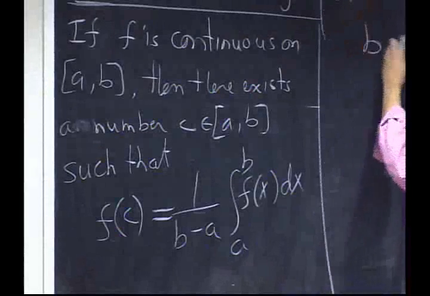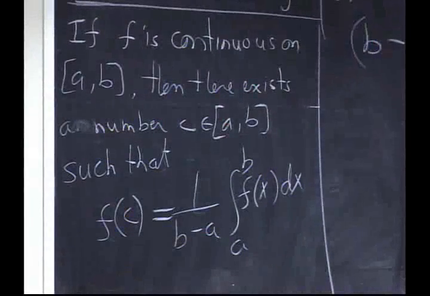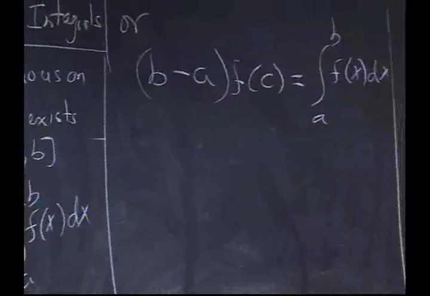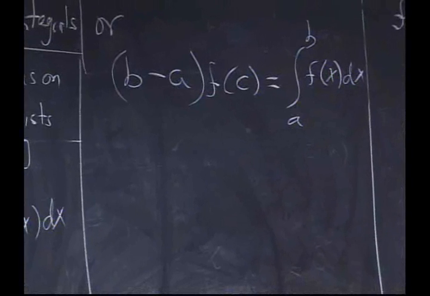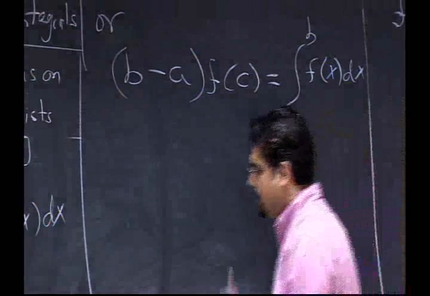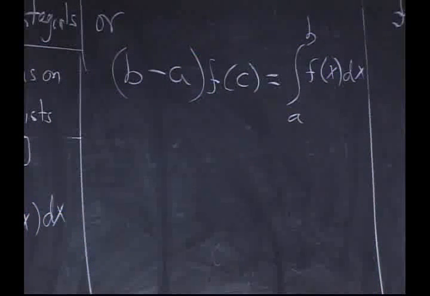Or, another way to write it is like this. It's just a different way of writing it. Okay, so what we said earlier was that if f is integrable, then this number makes sense because the integral exists if f is integrable.